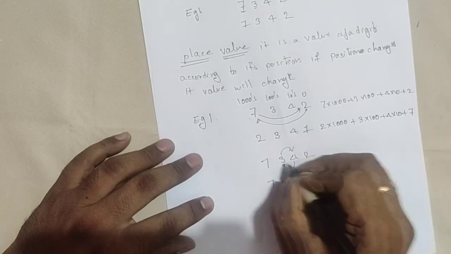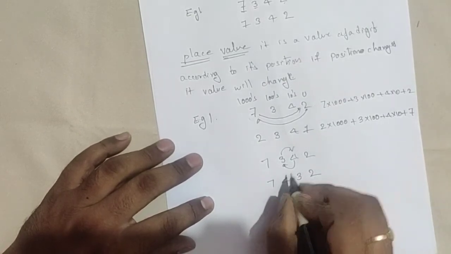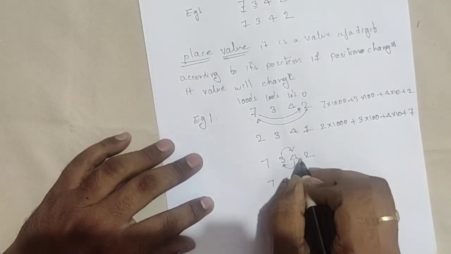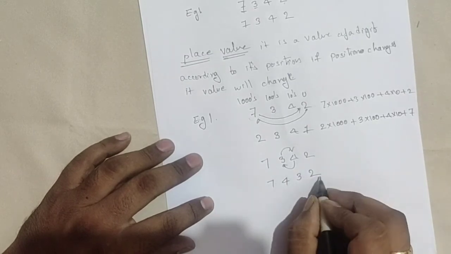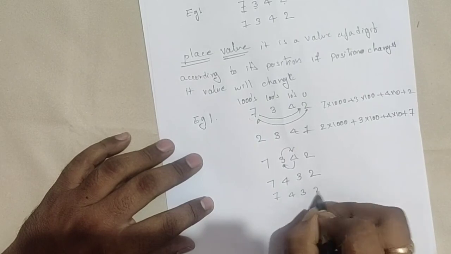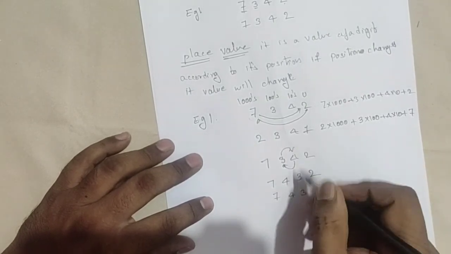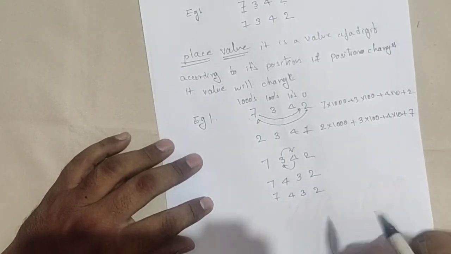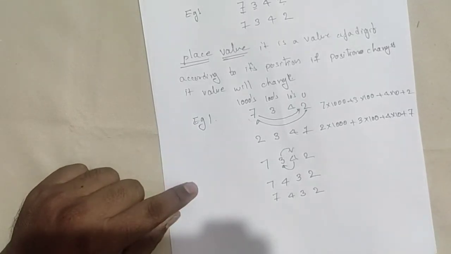Previously it was 7342, but if I interchange these two places, the actual value changes. Now it is 7432. So it is the value of a digit according to its position. When the position changes, the value also changes.